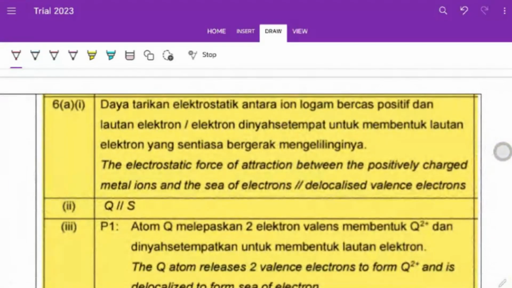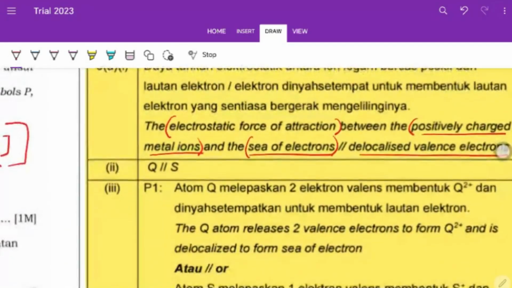Electrostatic force of attraction between the positively charged metal ions and the sea of electrons, or delocalized valence electrons. Okay, so it's an electrostatic force of attraction between positively charged metal ions and the sea of electrons. This one you can find.